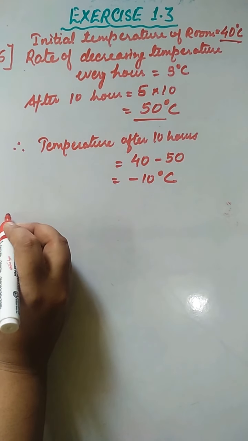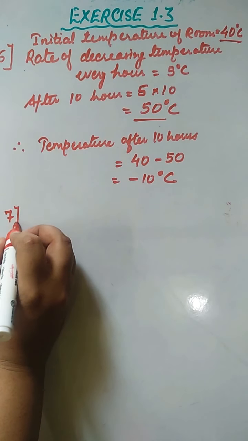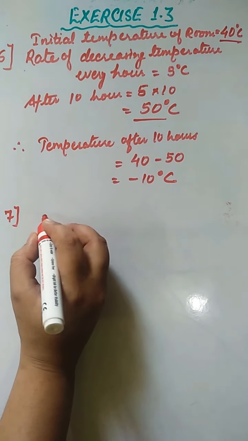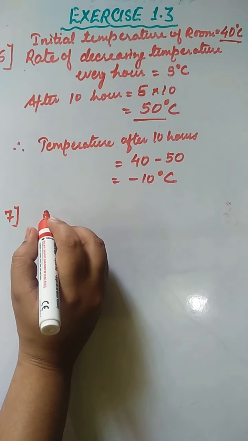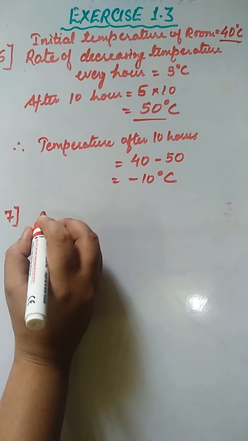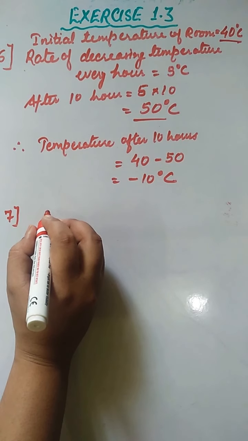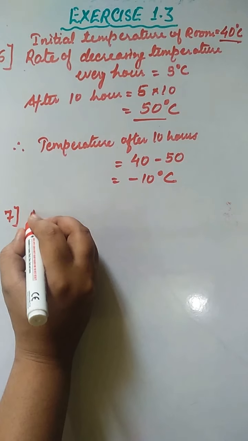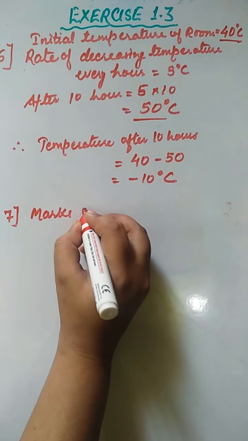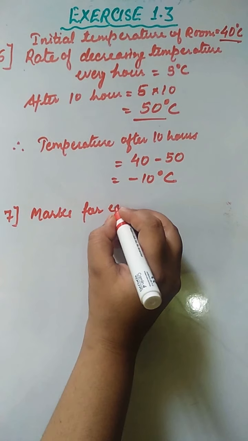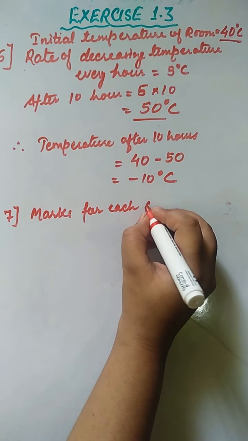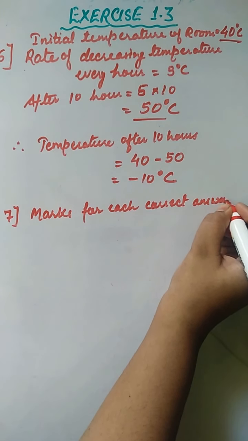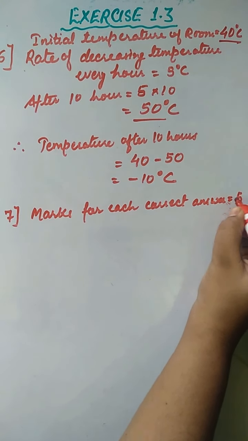Now question number 7. Question number 7 is given in a class test containing 10 questions. 5 marks are awarded for a correct answer and minus 2 marks for an incorrect answer. So you can write that marks for each correct answer is 5.